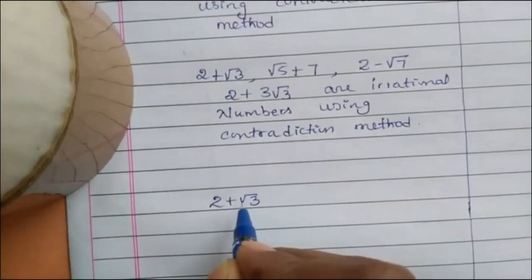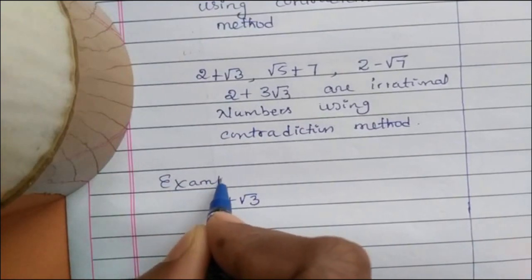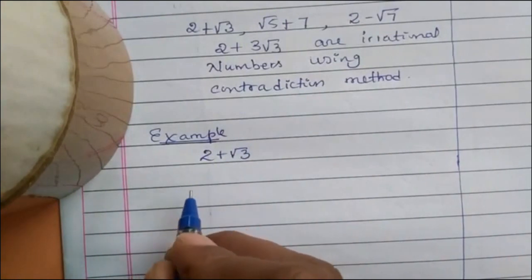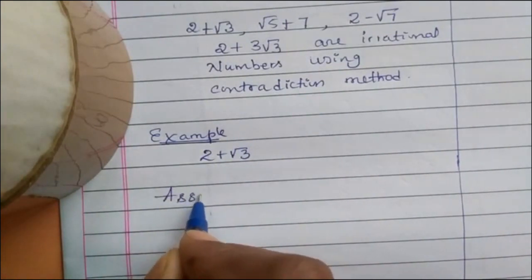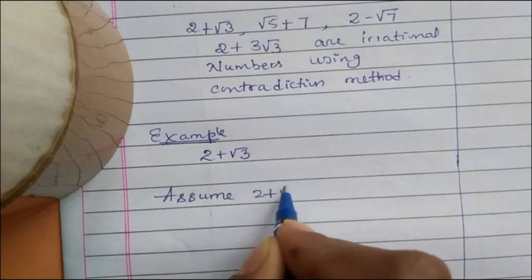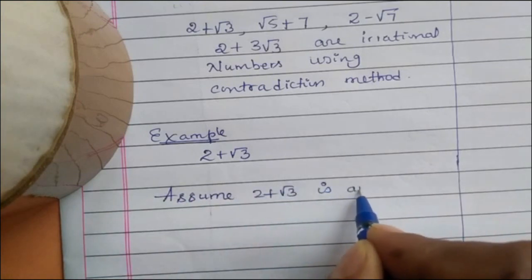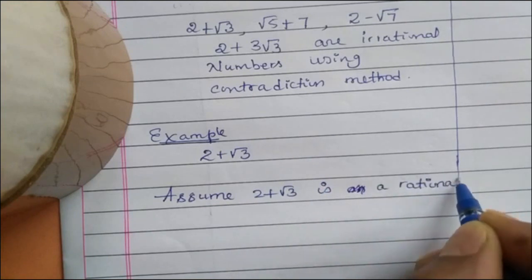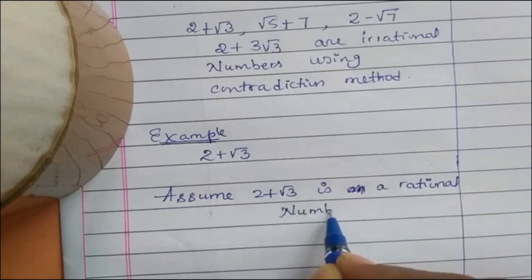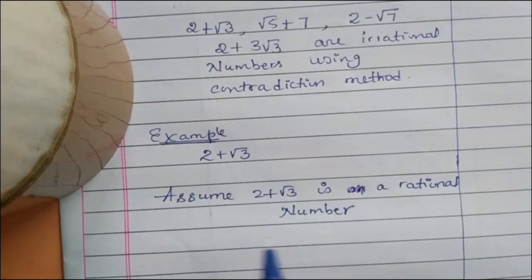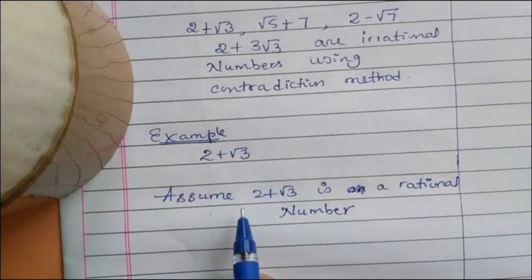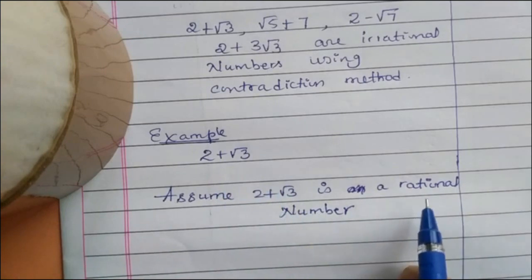2 plus root 3. Let us assume 2 plus root 3 is a rational number. As I already explained, in the contradiction method, whichever irrational number is given, we equate that number to a rational number.